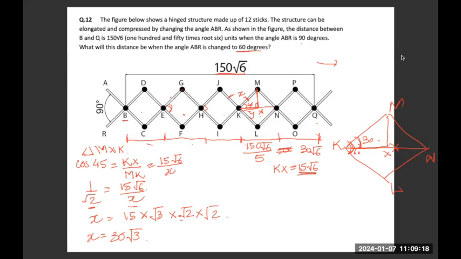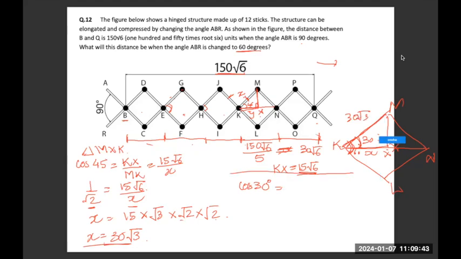Yeah. In this new condition, I will take the value of cos 30 degrees, because if I have to find KX, which is x, and I know this angle, which is 30, KM value I found here, this value of x, I replace it here. This is 30 root 3. So I'll go with cos 30.